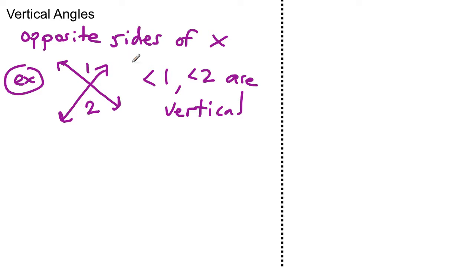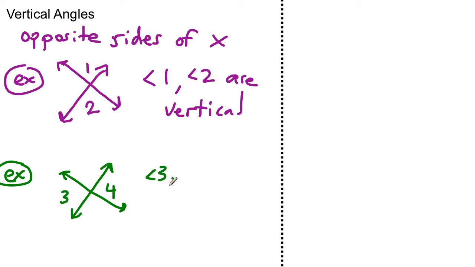Cool. We can also talk about this angle here. Let's give you a second example. Let's give that the same intersection point here. What about 3 and 4? Right? Notice that angle 3 and angle 4 are vertical.